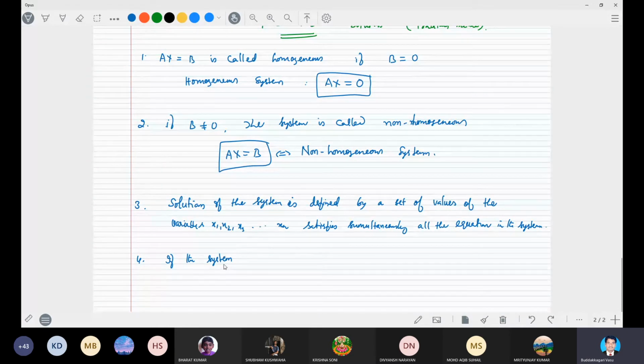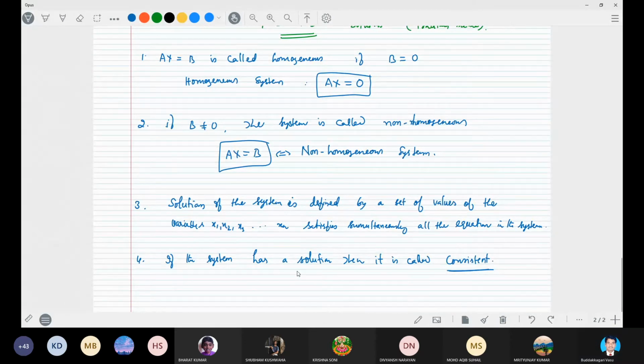So if the system has a solution, then it is called consistent. The system is said to be consistent if it has a solution, right?